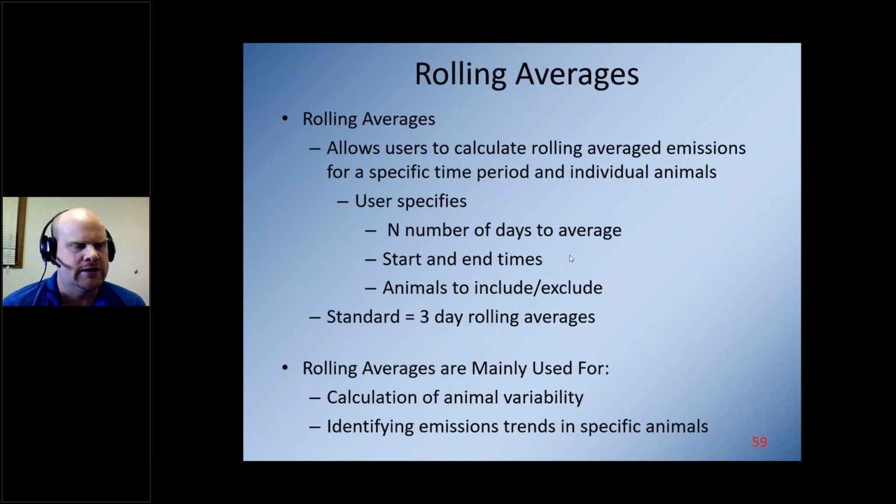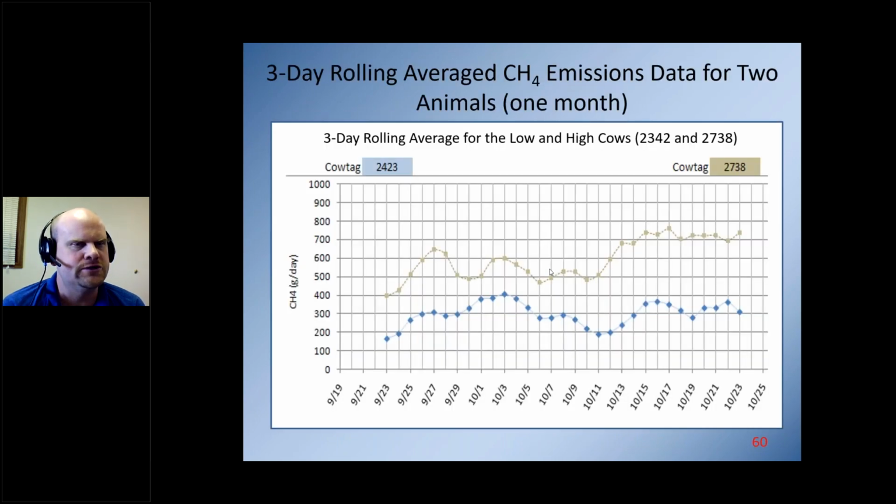Another way users will look at data, like I mentioned before, is rolling averages. So this would be an example of a high emitting lactating cow compared to a low emitting lactating cow over the course of several weeks. And this is methane in grams per day.